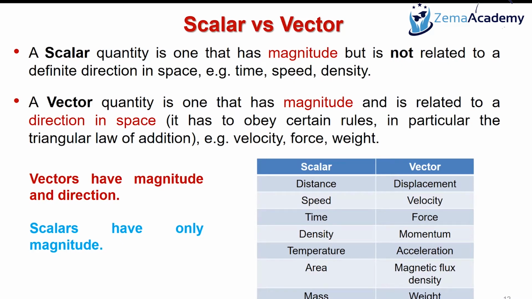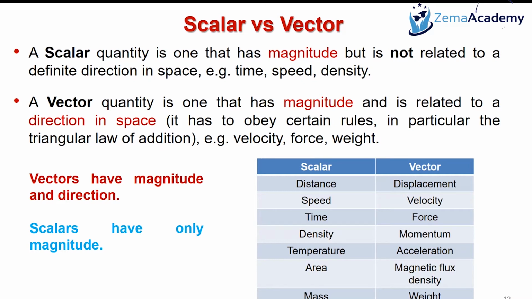Time is moving. Speed represents something moving with respect to distance. Density is a physical quantity, but it doesn't represent any direction. Such quantities which have magnitude but do not specify direction are scalar quantities.